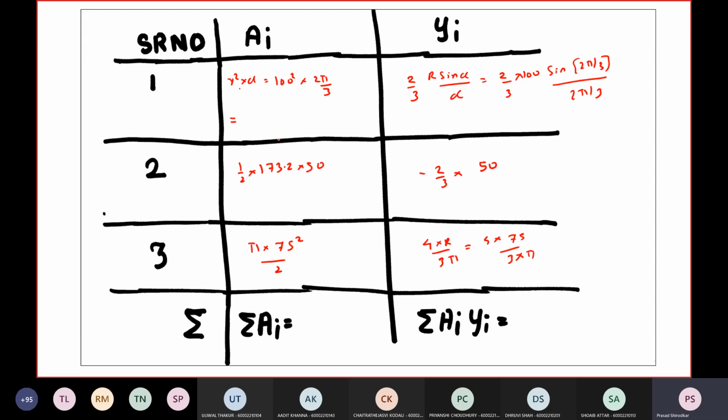So for car A, I am considering the motion of the car with constant acceleration.